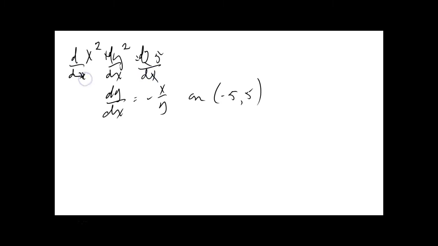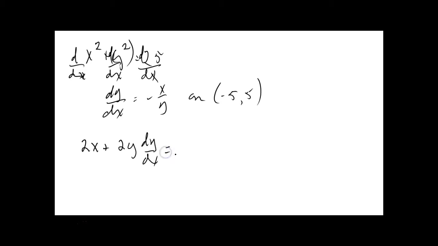Those are dx's there. So what is d by dx of x squared? 2x. Plus, now how do you do d by dx of y squared? It's chain rule: 2y, and then you do a dy/dx.